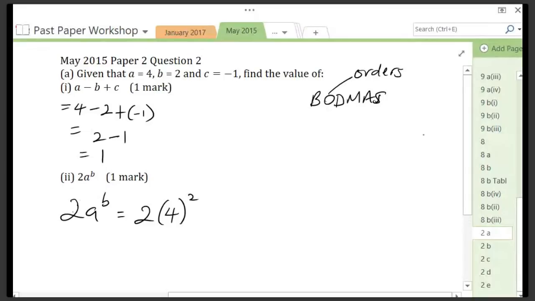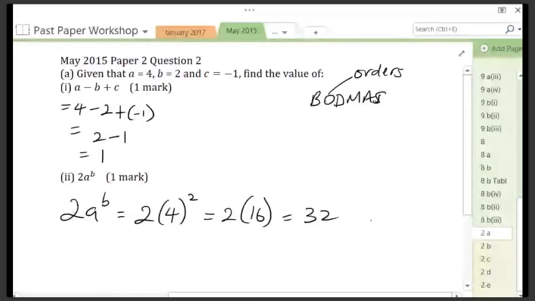I know people usually say brackets of division, but it's brackets, orders, division, okay? So your orders, you will deal with your powers first, and after that you will deal with your multiplication. So this is 2 multiplied by 4 squared is 16, and 2 multiplied by 16 is 32. I'm seeing some 32s here, so you all seem to have a great command of BODMAS.